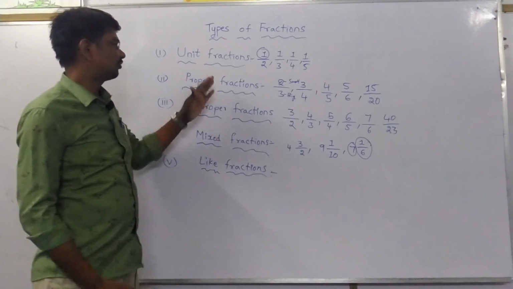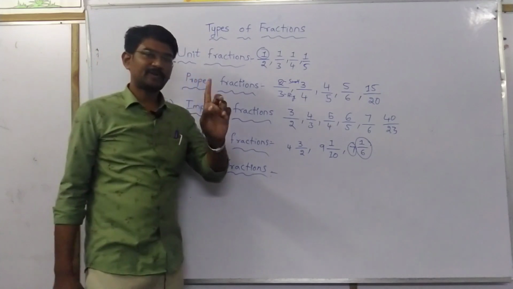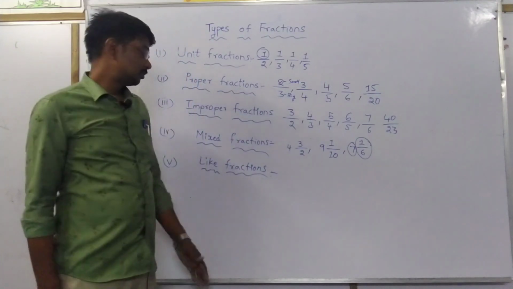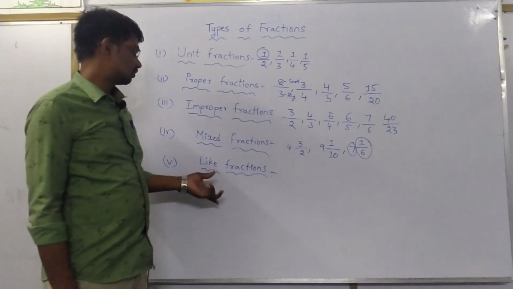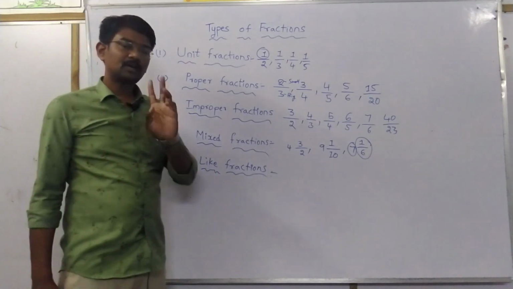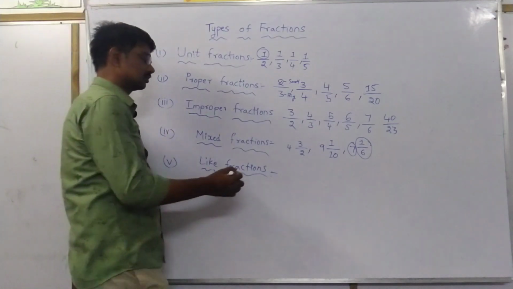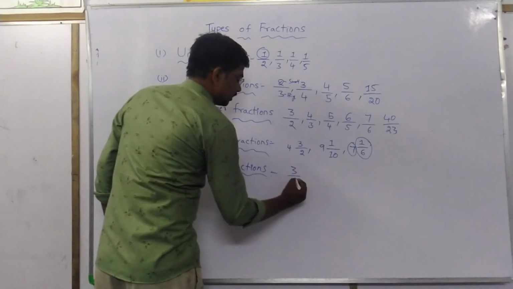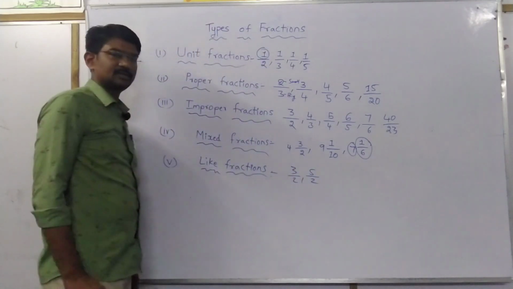To say unit, proper or improper fraction, one fraction is enough. But to find out the like fraction category, more than one fraction should be given in the question. For example, 3 by 2, comma, 5 by 2. Two fractions.